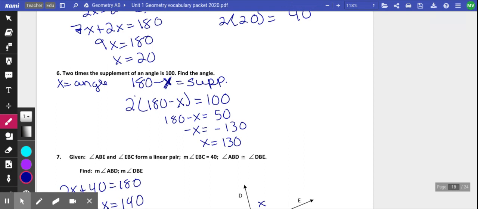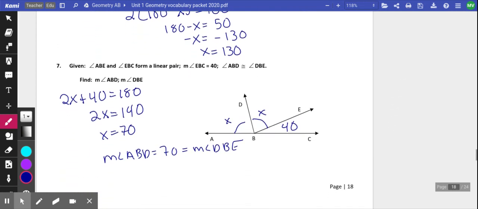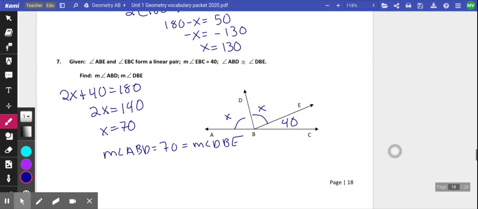So I made x the angle, and then 180 minus x is its supplement, because supplements had to be 180. So 2 times the quantity 180 minus x equals 100. So x equals 130, or the angle is 130. Then number 7, I used the drawing, and I got 2x plus 40 equals 180. Therefore, x equals 70, which was my 2 angles.